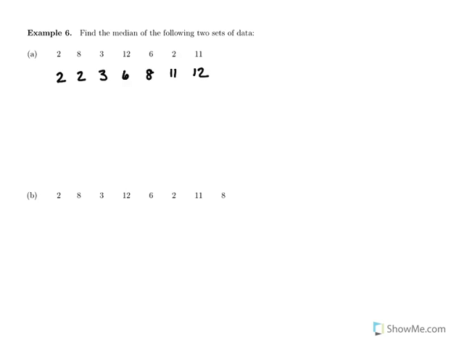And again, what we're going to do is cancel out the last and first values until we end with one middle value. And this is our median. So if we have an odd number, if n is odd, then the median is just the middle value.